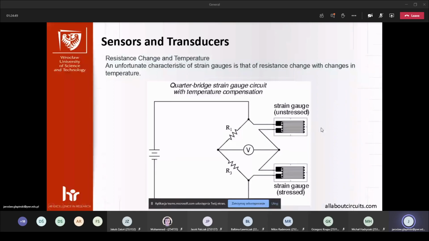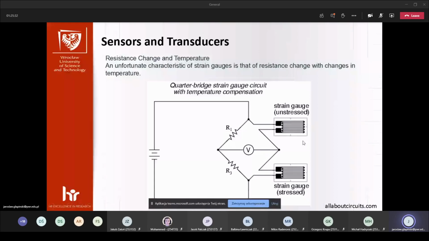So we do not touch it with the force, but it changes its properties due to the temperature, the same as the strain gauge that is stressed or compressed. This way the temperature differences are the same, so the difference of voltage on the Wheatstone bridge will not be dependent on the temperature.